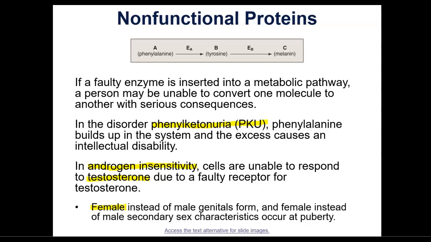It's called androgen insensitivity, and that is caused by a faulty enzyme. Enzymes are proteins. So a faulty enzyme can cause PKU, and it can cause androgen insensitivity.